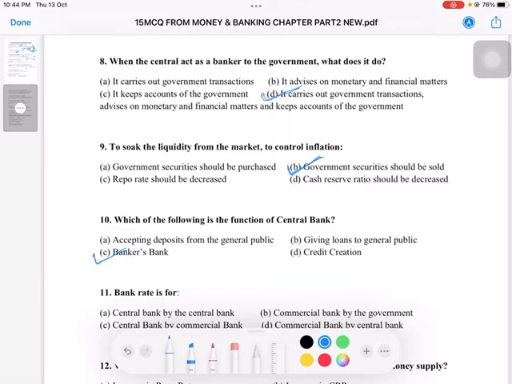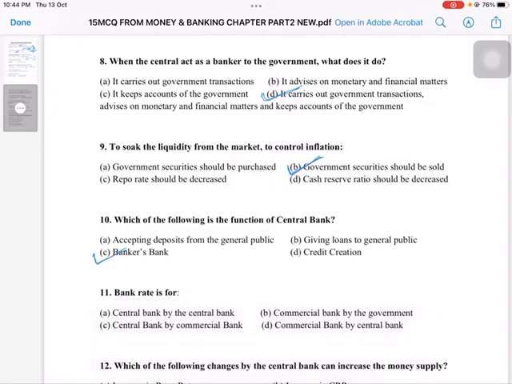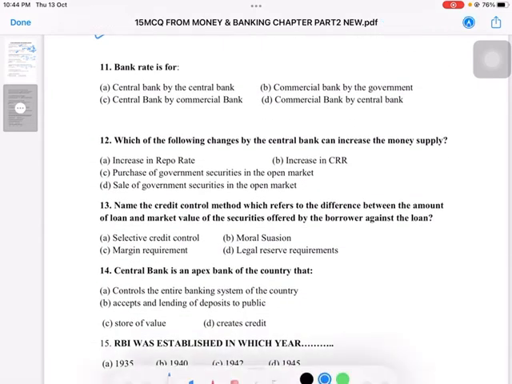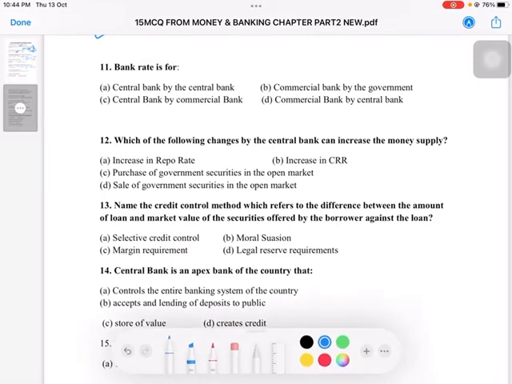Next question is, bank rate is dash. Bank rate is for dash. Options: central bank by the central bank, commercial bank by the government, central bank by the commercial bank, commercial bank by central bank.